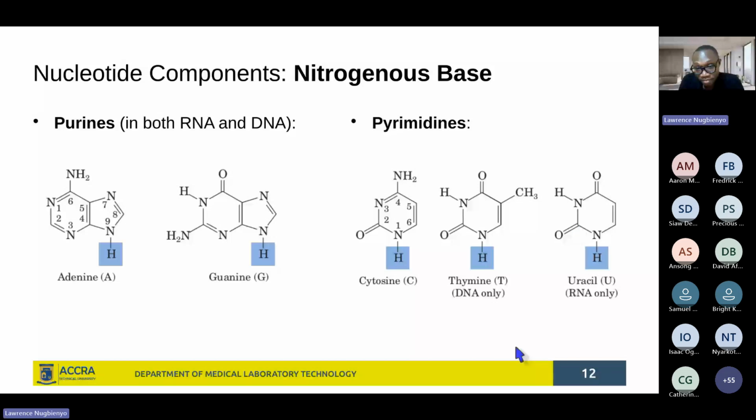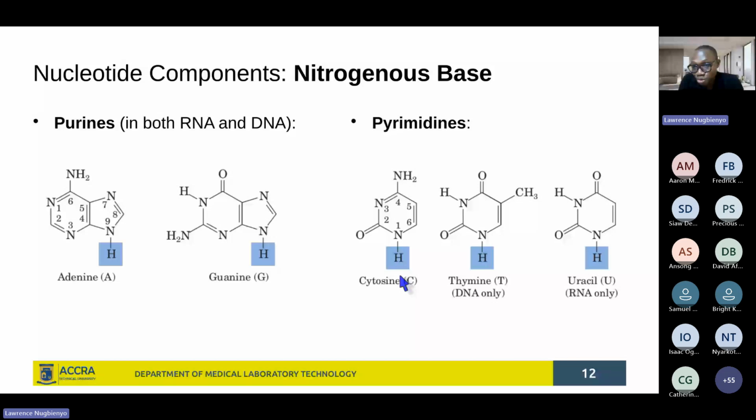Cytosine is having an amine group on carbon number 4. No other of these pyrimidines is having that amine group. So if you see an amine group in a pyrimidine, so first of all, you have only one ring, a 6-sided ring, tells you it's a pyrimidine. You see an amine group, quickly you know this is cytosine.